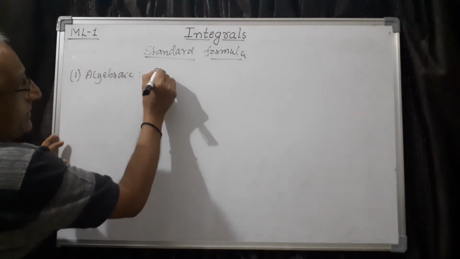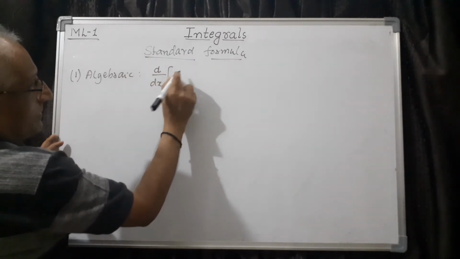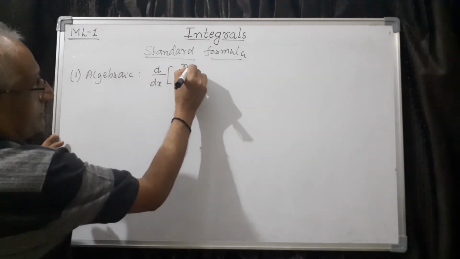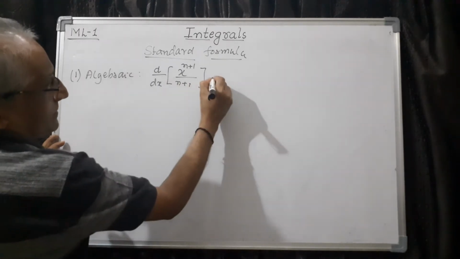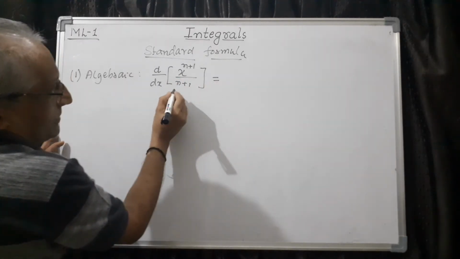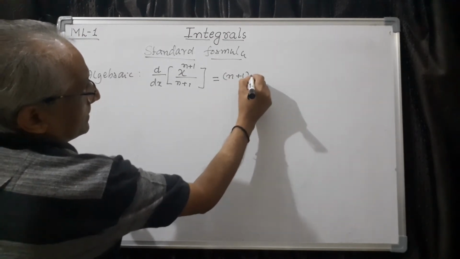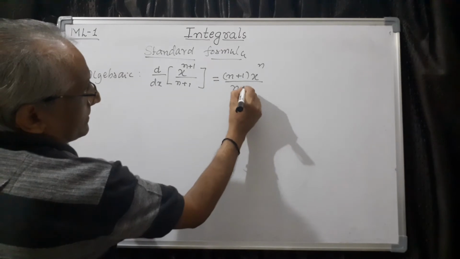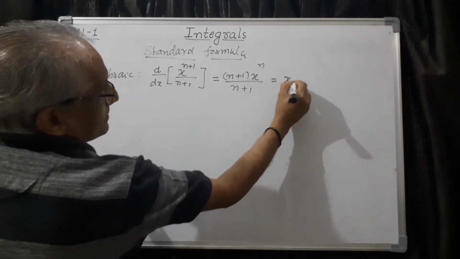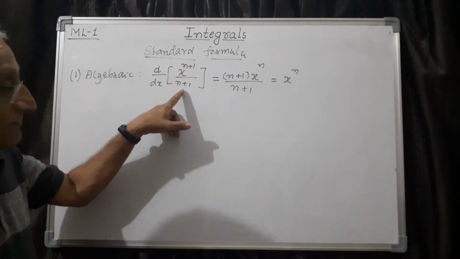See, if you take d by dx of x power n plus 1 by n plus 1, where n is a constant, when you differentiate this, n plus 1 into x power n divided by n plus 1. So what you get is x power n. So purposely we have taken x power n plus 1 by n plus 1.